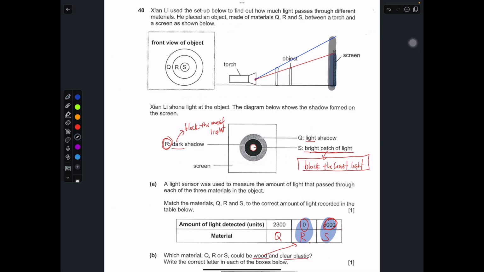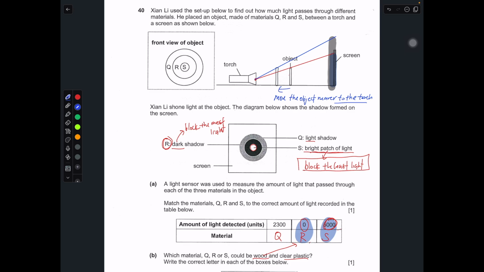This is the one when I move the object nearer to the torch. You must say nearer to where? Because if you don't say nearer to where or to what object, then it could be nearer to the screen. Then I have to guess, and if I have to guess, it will probably not be correct.